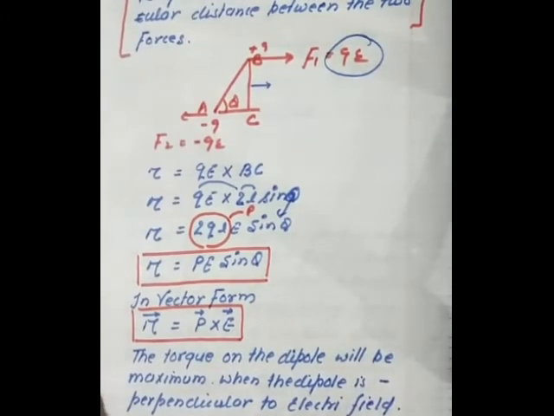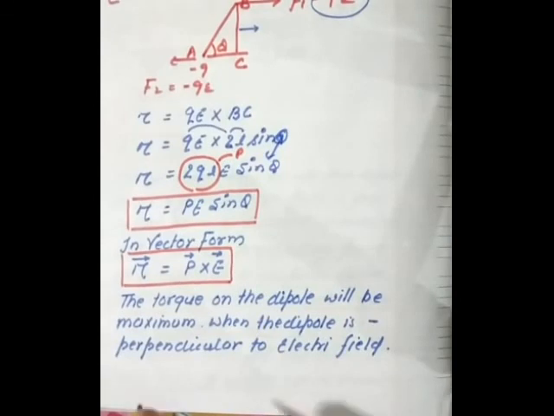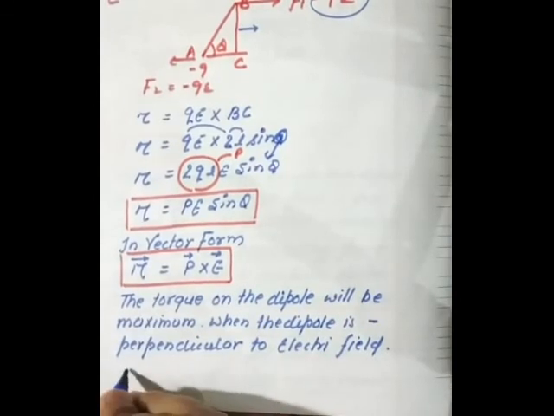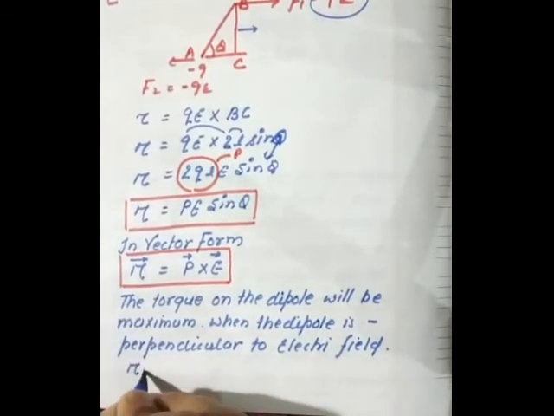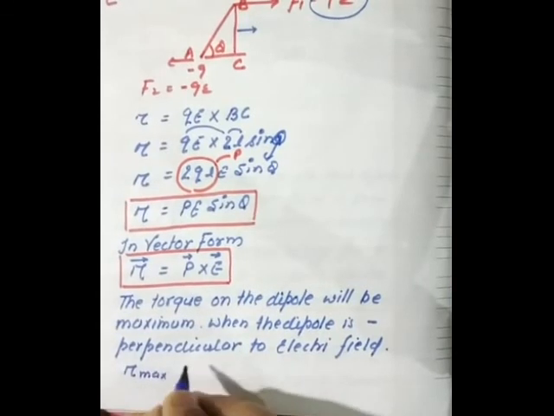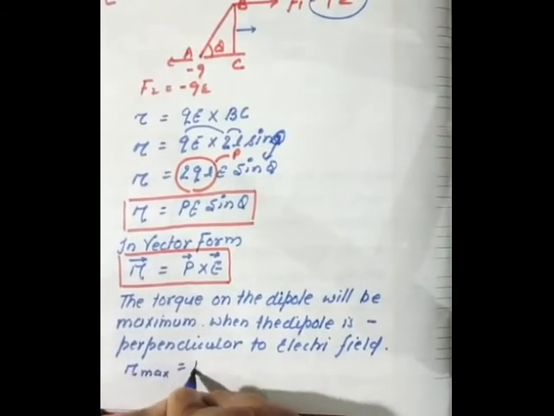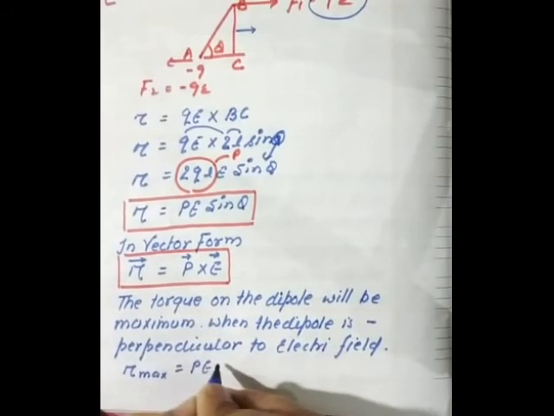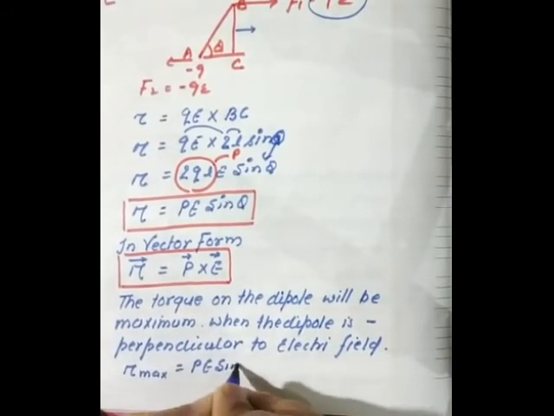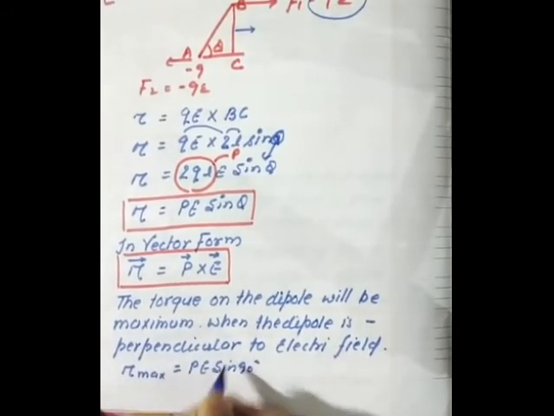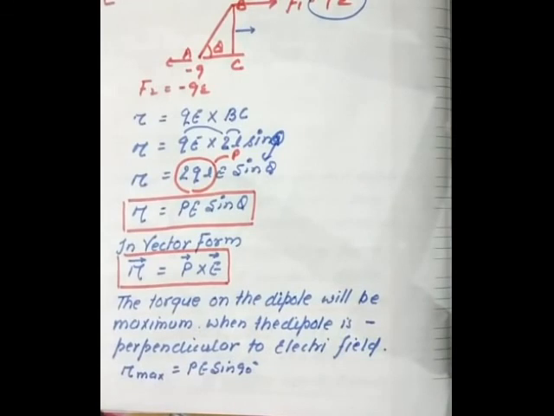Okay, so you can write tau max, tau maximum, equals PE sin 90 degrees. Sin 90 equals 1.